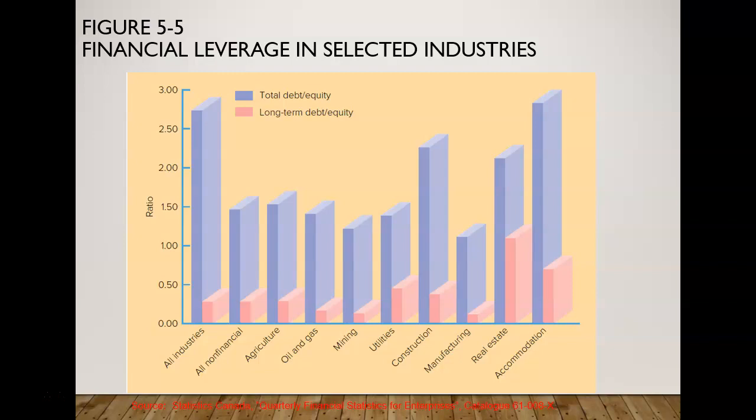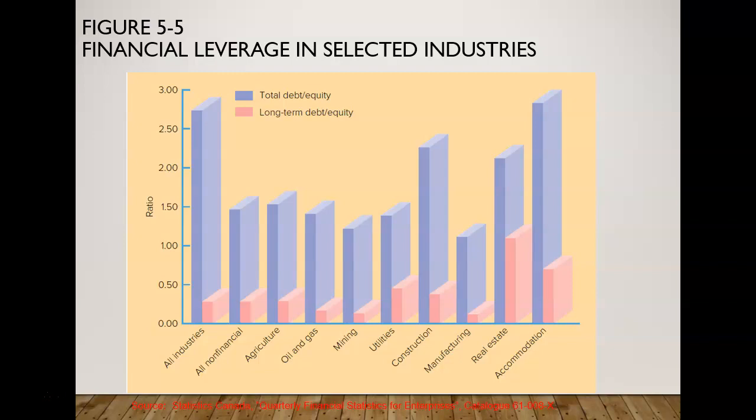Companies that have borrowed have different degrees of leverage. So we can look at the financial leverage in a selected industry. The blue blocks show total debt to equity, and the pink shows long-term debt to equity. You will see that some companies are more comfortable holding leverage because of how they generate revenue.